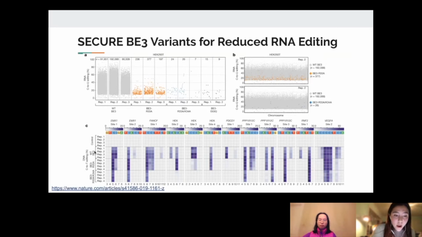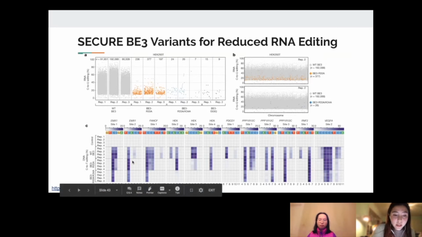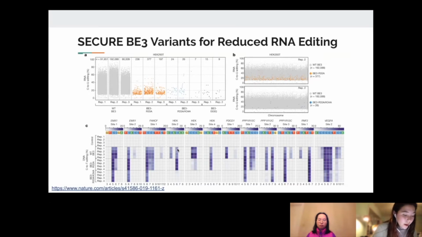As you can see in the wild type, we've got targeting for the C, and in the BE3 R33A, we've got matching targeting for the Cs. So this showed that we have a comparable DNA editing efficiency between the wild type BE3 and the mutated BE3s. However, the mutated BE3s were able to produce reduced RNA editing effects.